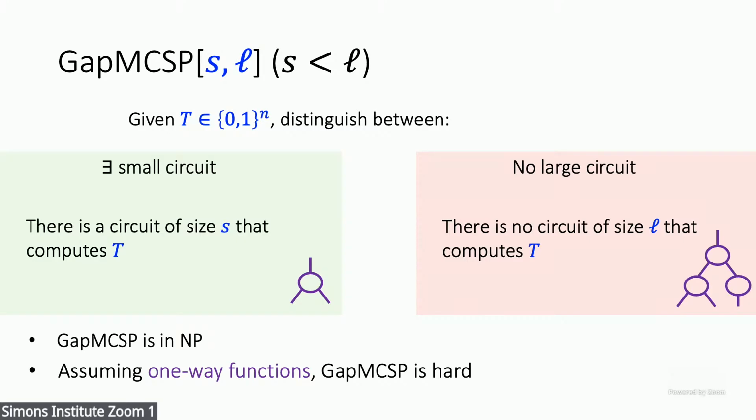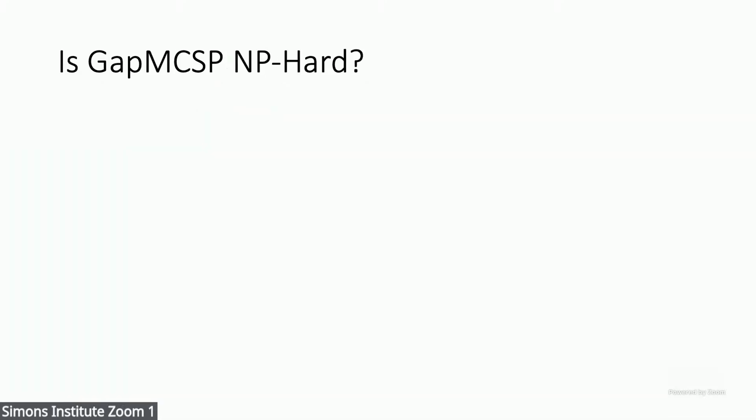Because if we have one-way functions, we have pseudo-random functions. And if we have pseudo-random functions, we have functions that we can compute with a small circuit, but that are indistinguishable from random functions that cannot be computed using a small circuit. So assuming cryptography, this problem is hard. But the question I want to talk about is: is this problem NP-hard?